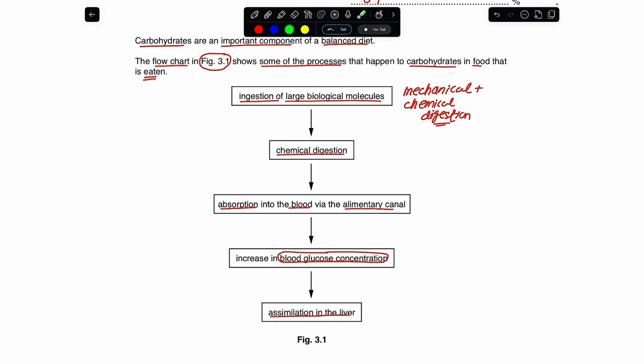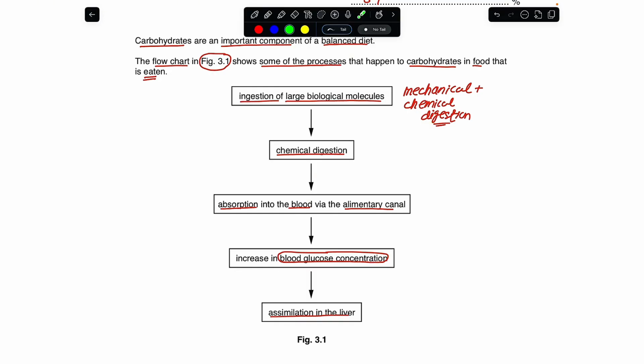Also within the mouth, there would be chemical digestion where the salivary amylase enzyme would come from the salivary gland and break down the carbohydrate starch into maltose. Now, if we talk about chemical digestion, the first chemical digestion would be happening here in the mouth, and the second chemical digestion for the carbohydrate cannot happen in the stomach.